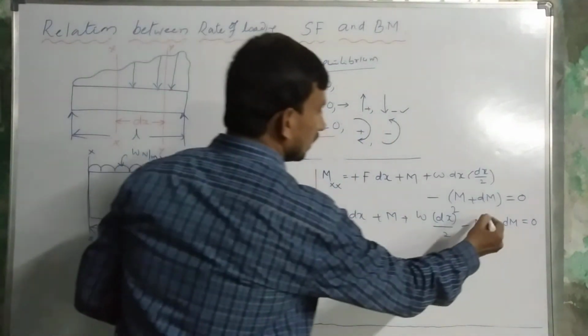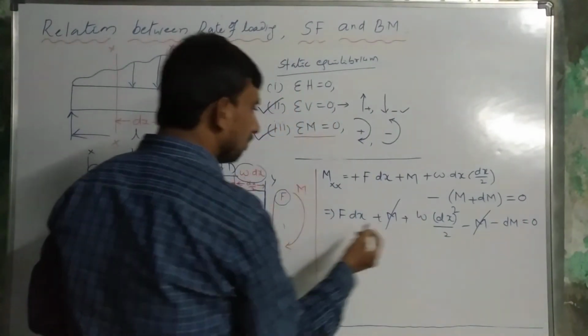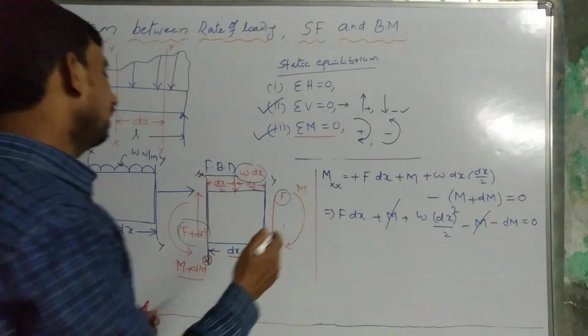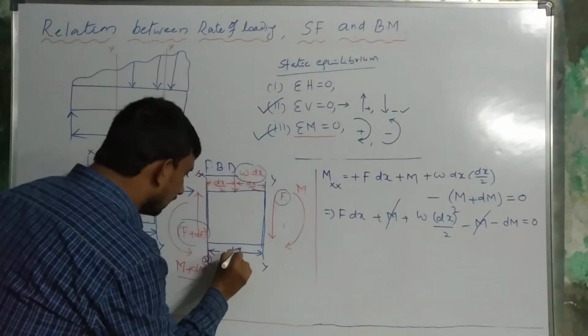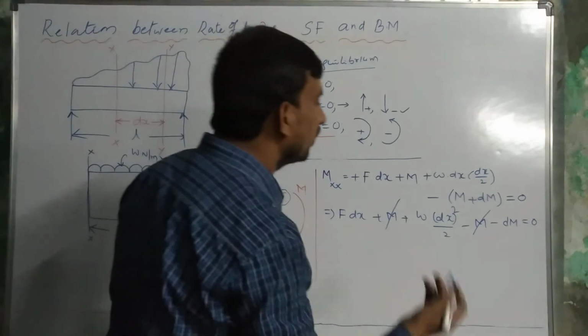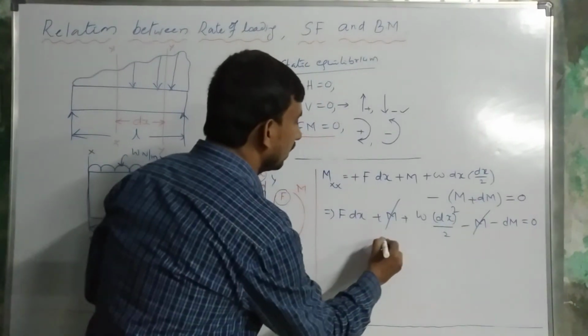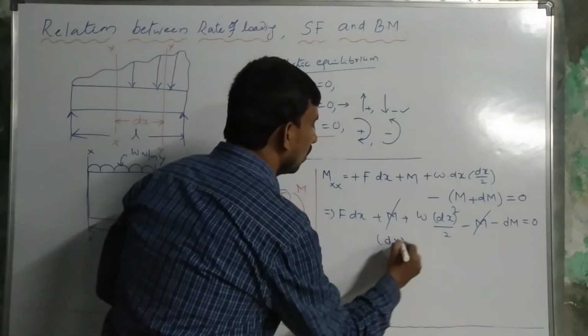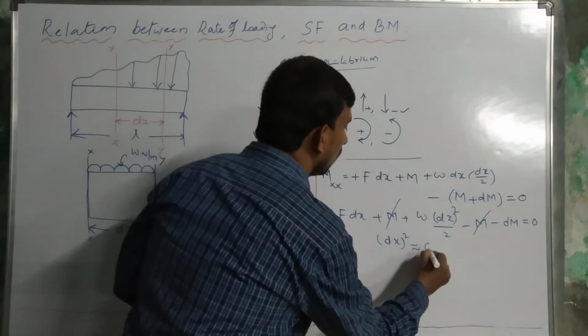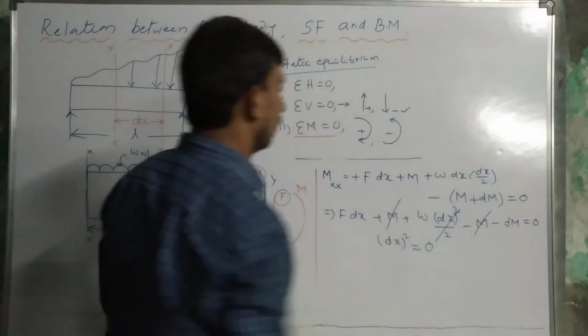If you see, this minus M and this M are cancelled. If you observe, dx itself is a very small quantity, so dx squared becomes negligible. I can say it is 0.